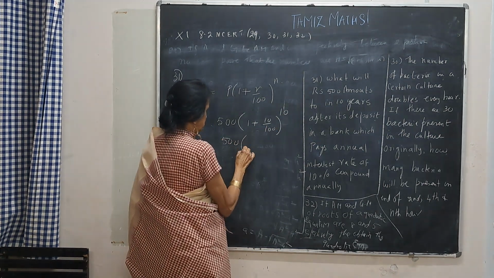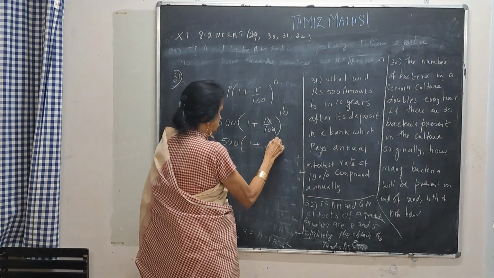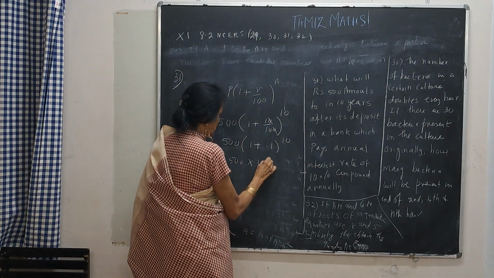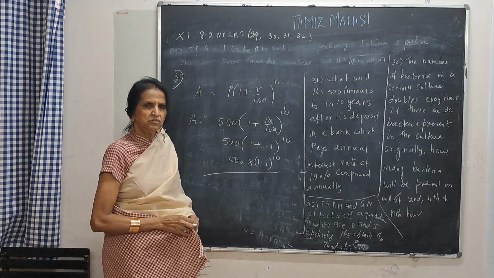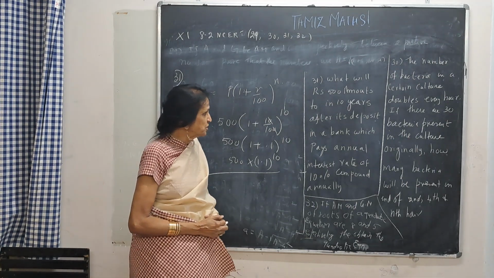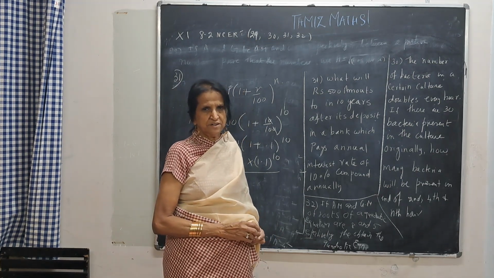So 500 into 1 plus 0.1, so 500 into 1.1 whole power 10. I've used the formula for compound interest, you get the answer in no time. So this is regarding problem number 31. I'm sure these three problems are very clear to you.